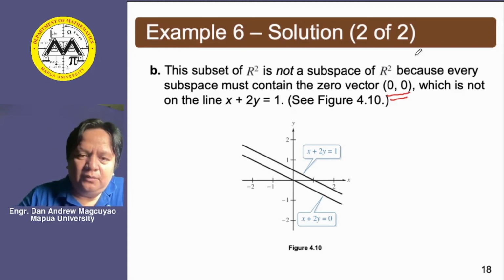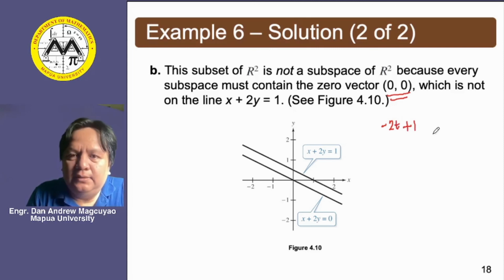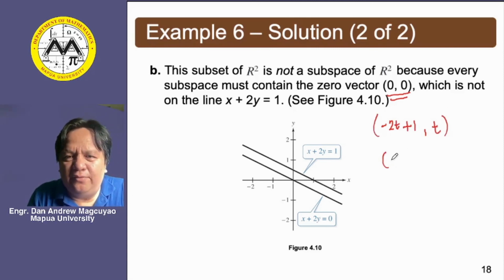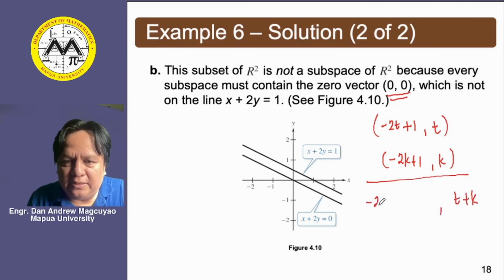But if we want, we can also check negative 2t plus 1, t. Now let's have another vector, negative 2k plus 1, k. If you add these, it would be t plus k, and then this would be negative 2t plus 2 minus 2k.